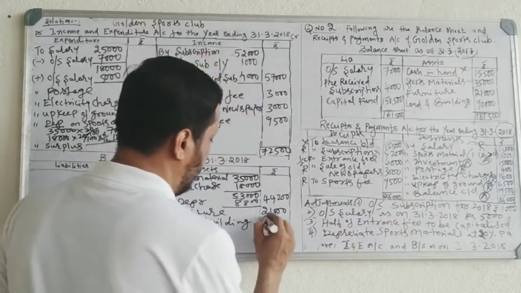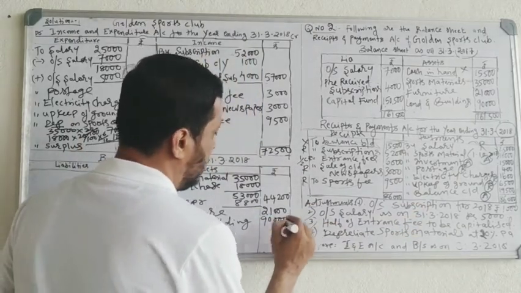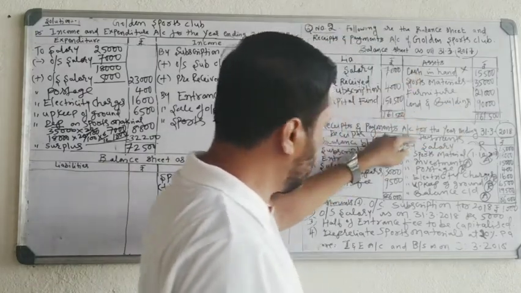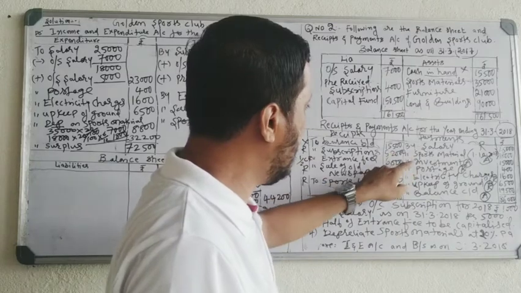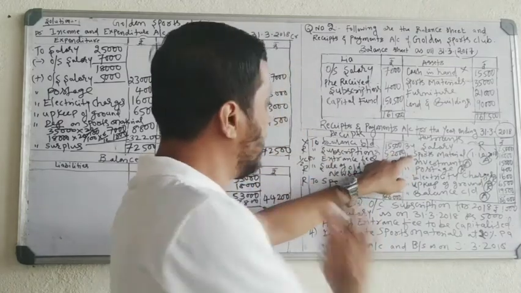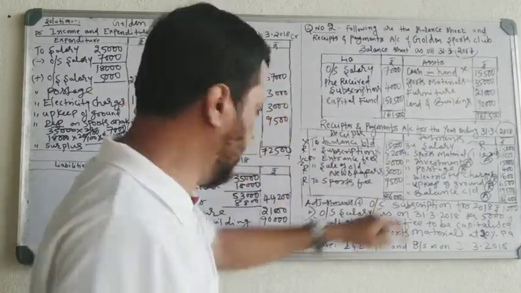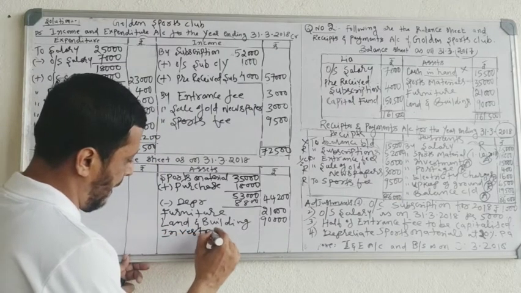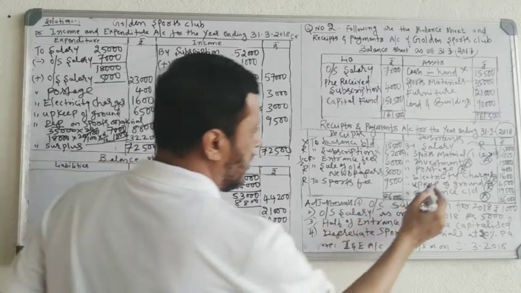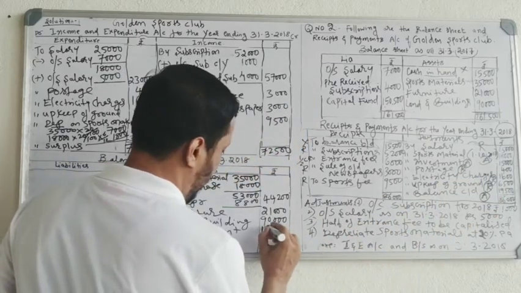So take it as it is, 90,000. After that, go to the payment side. Is there any asset purchased during the current year? Salary, sports material, we have already added. Investment is there. Investment is an asset. Investment is 15,000.